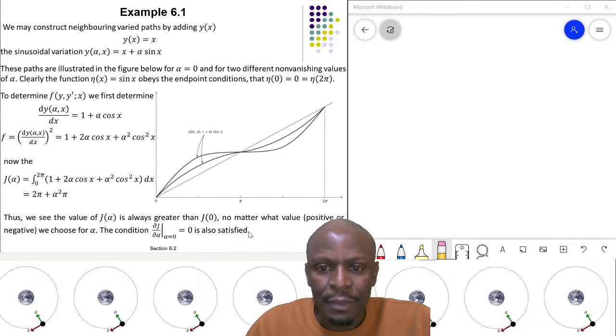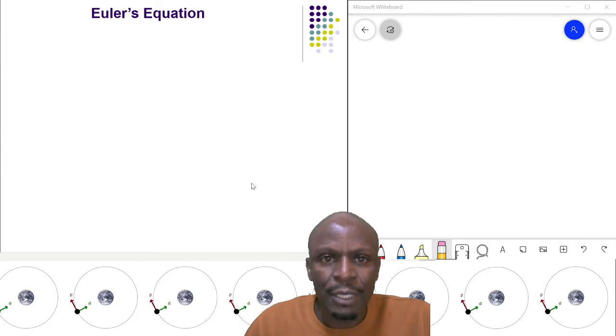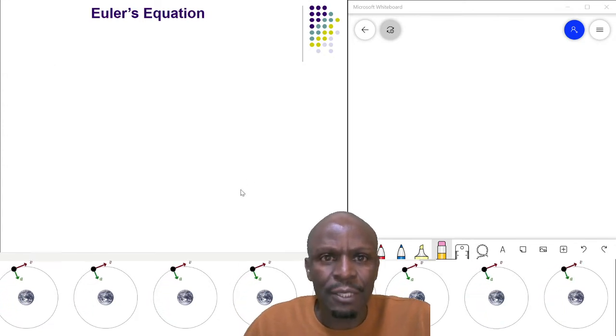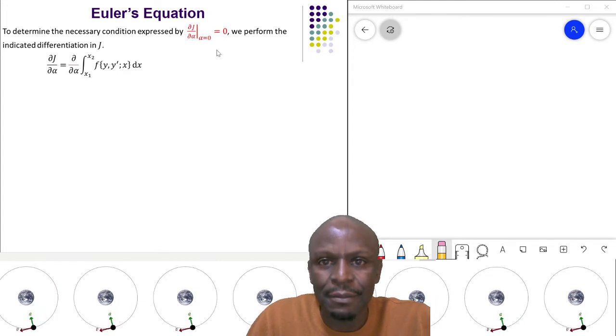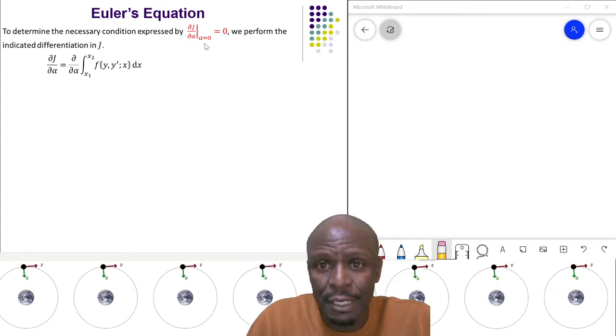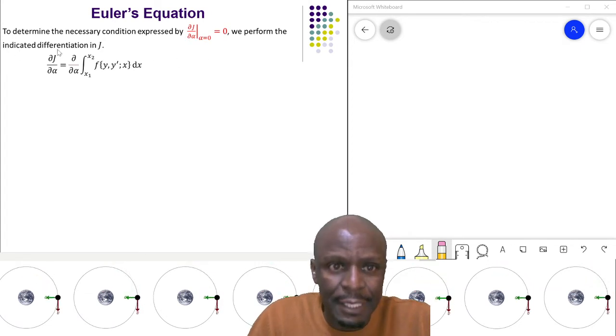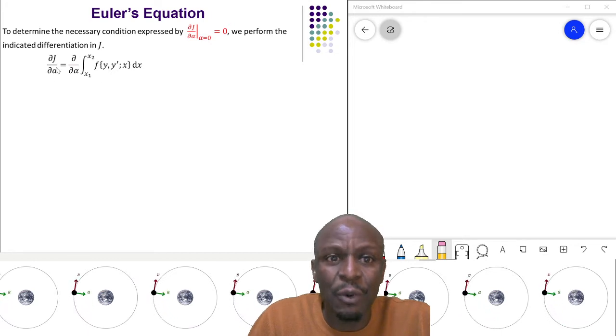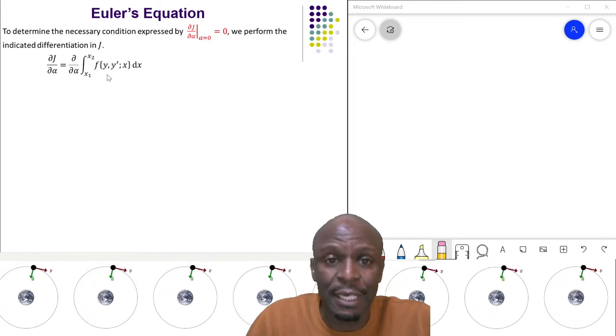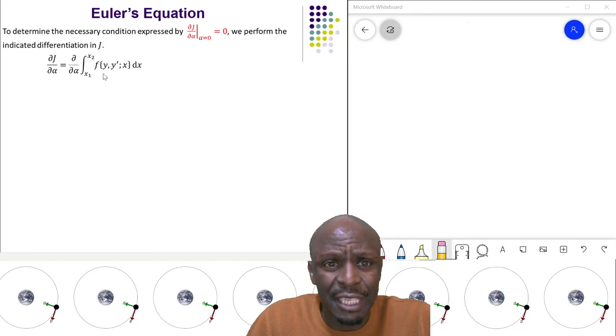Good. Now let us also dive into the Euler's equations. To determine the necessary condition for the constraint that we have put, we perform the indicated differentiation in J, because we know what J is. J is defined by the very first integration, which is the functional.